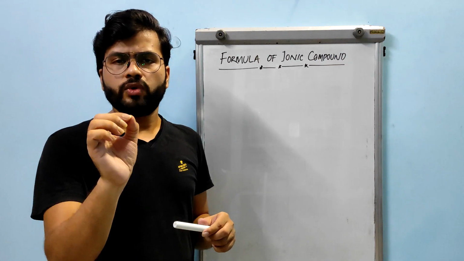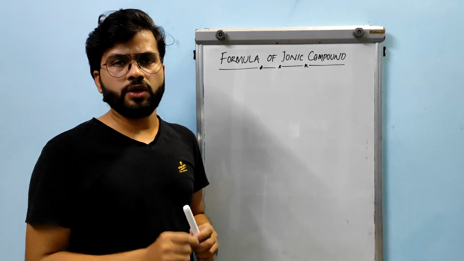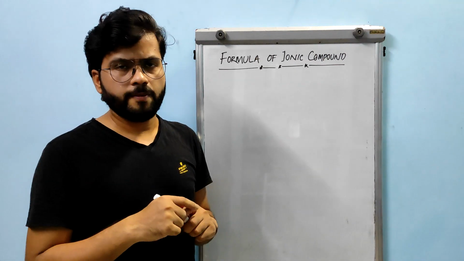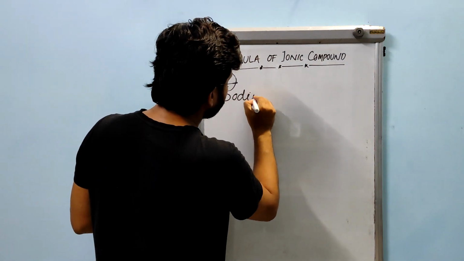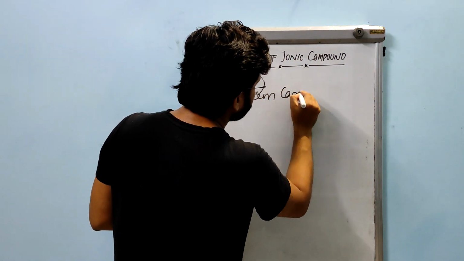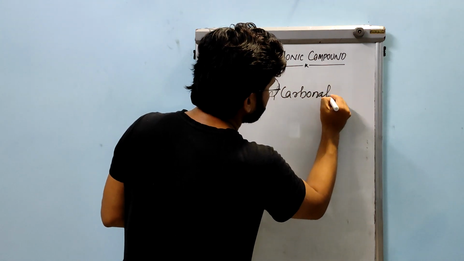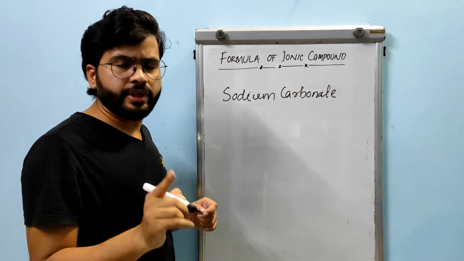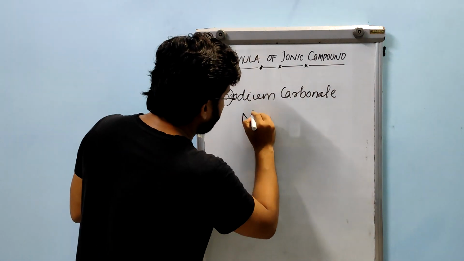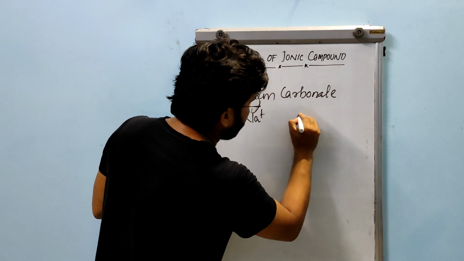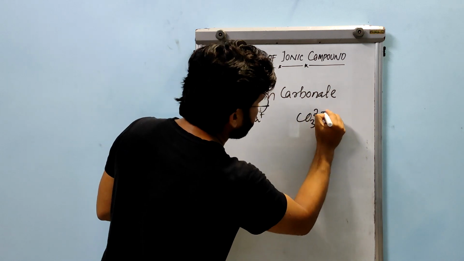Let us take one simple example, sodium carbonate. When I write the name sodium carbonate, the chemical name itself suggests that the cation is the sodium ion and the anion is the carbonate ion.